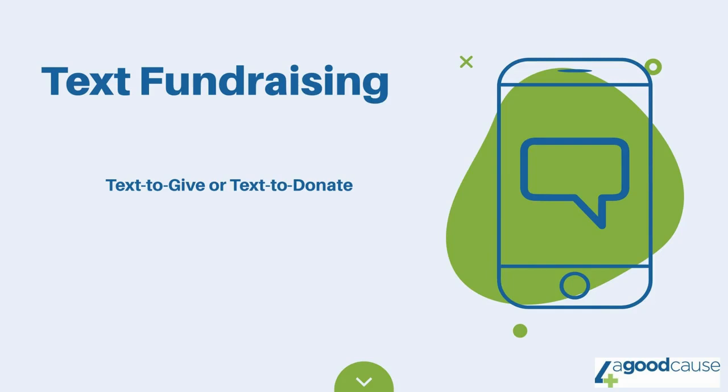So first, micro donations using a cell phone carrier billing system. This is often called text to give. So you've got AT&T, Verizon, whoever is the company that you subscribe to for your cell phone. Nonprofit is collecting through them, and then they're going to get paid by that carrier.